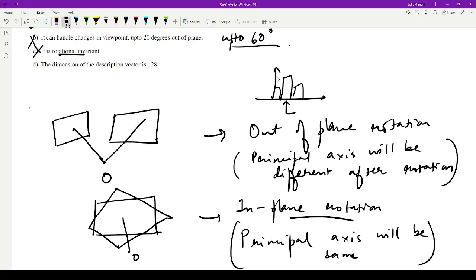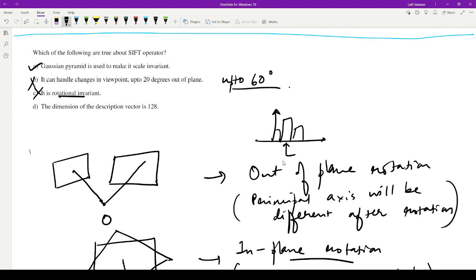Since we are fixing some canonical direction, it makes it somewhat invariant to rotations, because our canonical direction will rotate exactly if you have in-plane rotation. But the whole point is it doesn't necessarily lead to a rotation invariance operator.